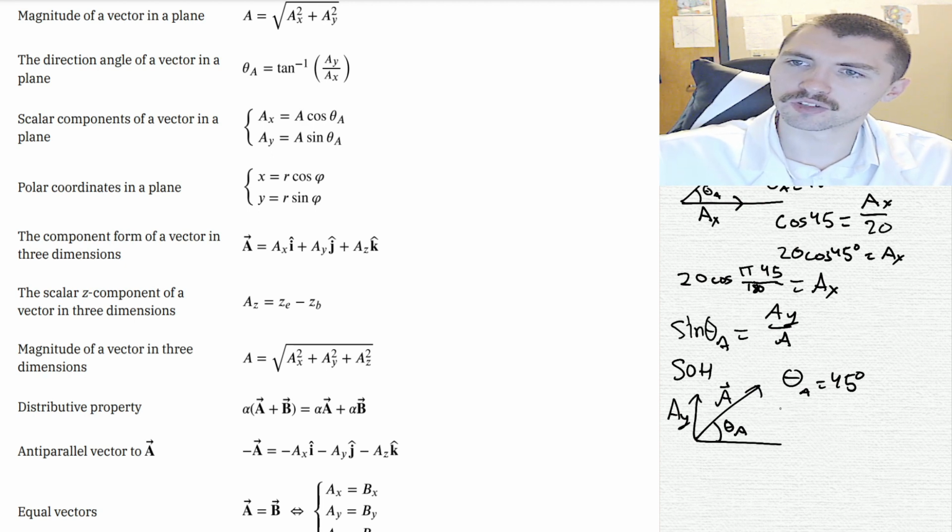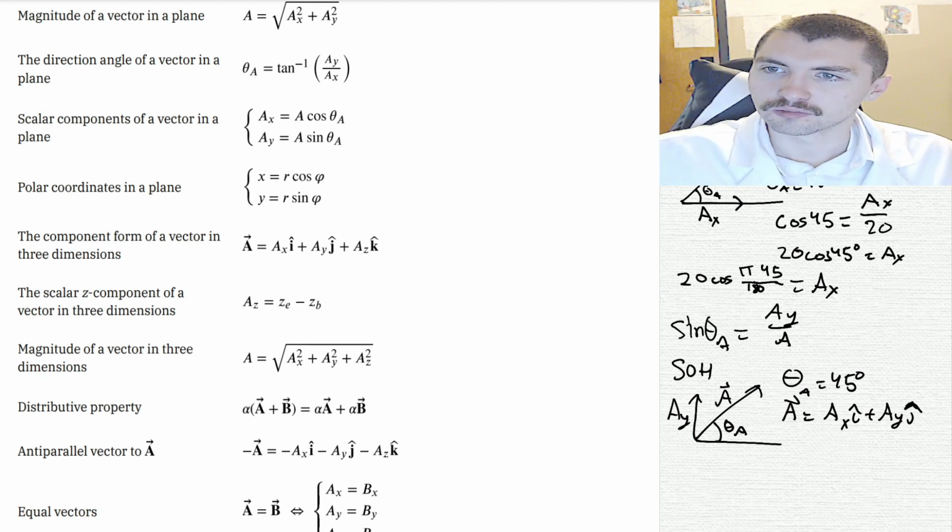Remember, this vector A can be expressed as a sum, AX i plus AY j.